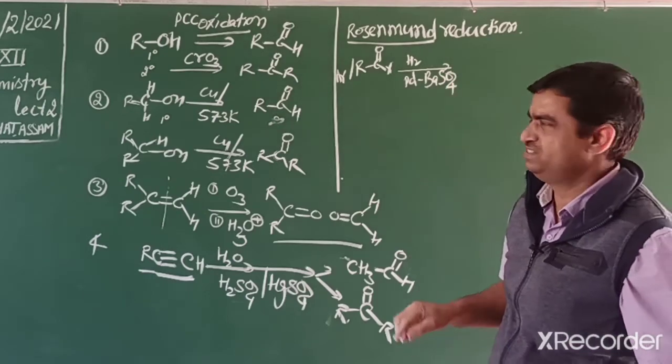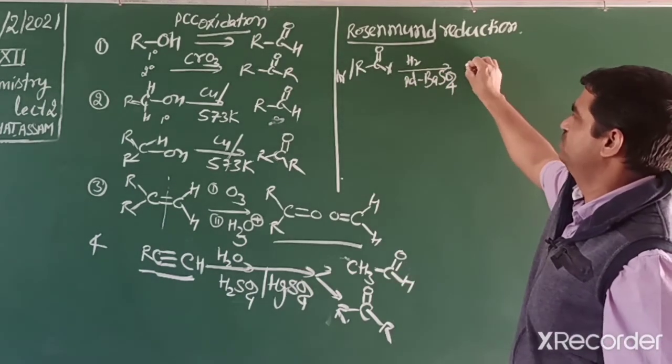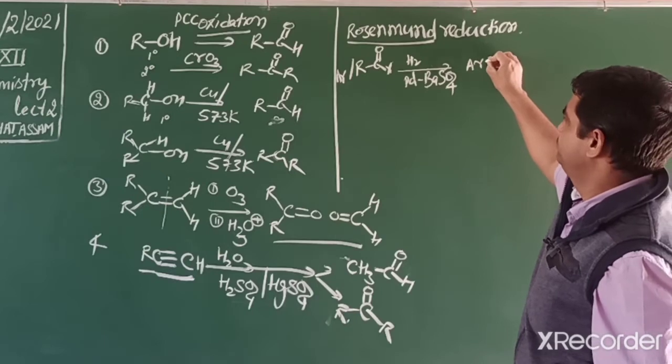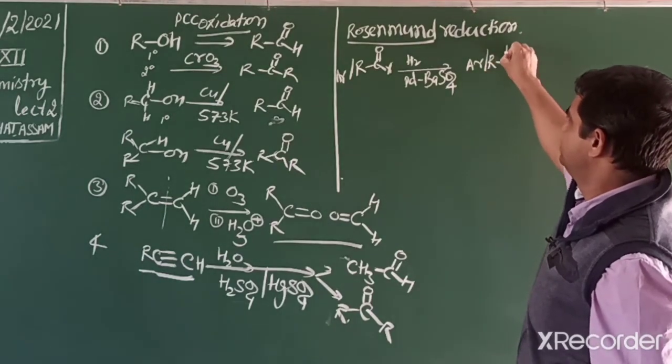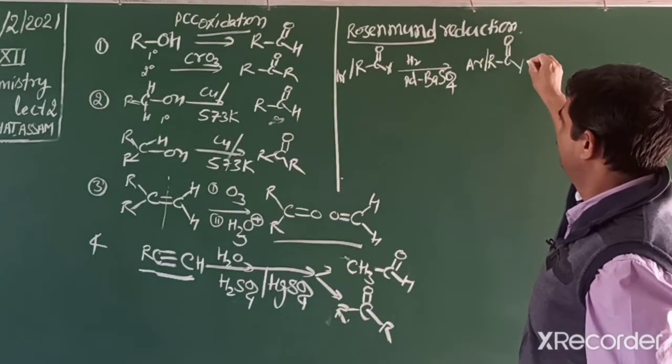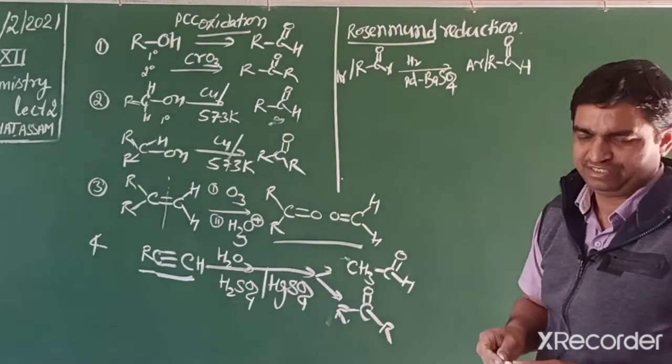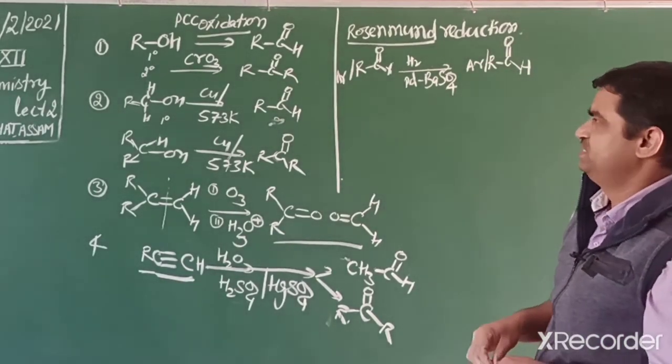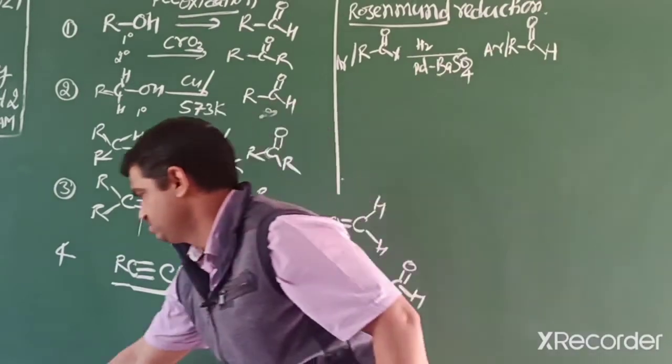If we summarize, it is controlled reduction, and the product is aldehyde. Only aldehyde we can prepare by this reaction, that is Rosenmund reduction.